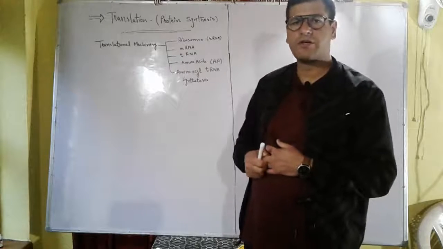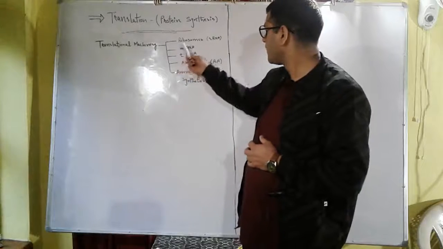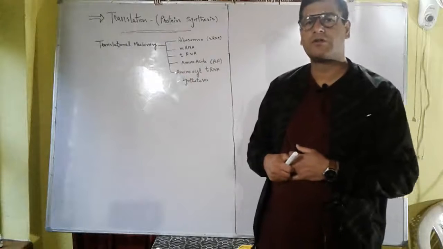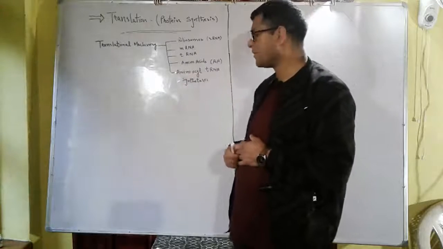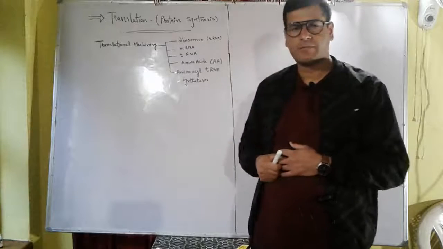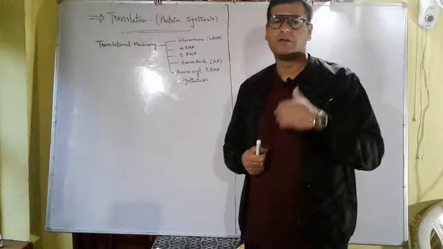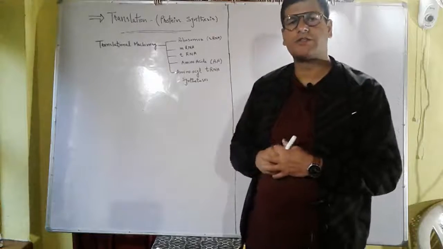We require tRNA, transfer RNA. We require amino acids, the building blocks of proteins, and aminoacyl tRNA synthetases. These are the enzymes required for loading the amino acids on the tRNA. This is what is called the translational machinery.